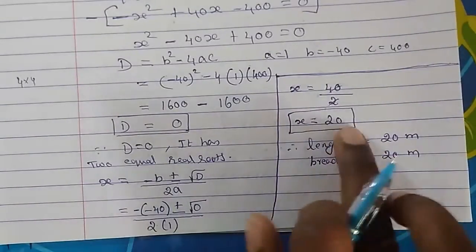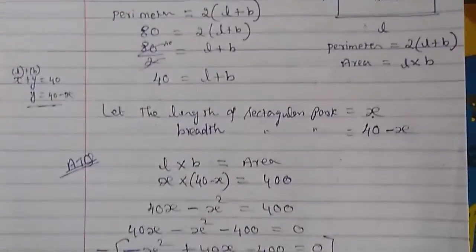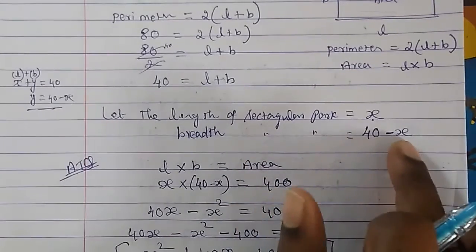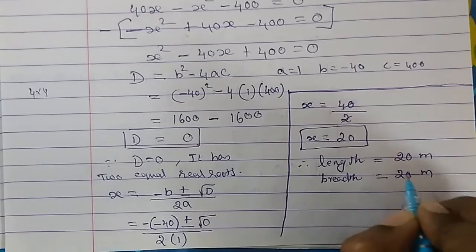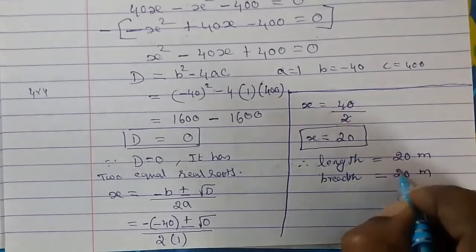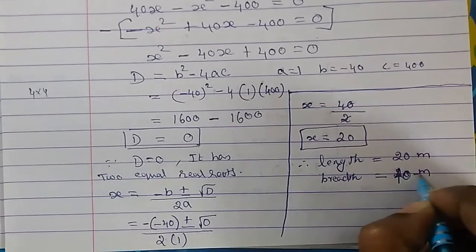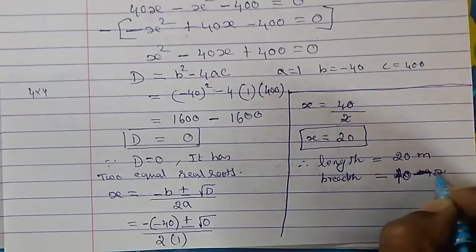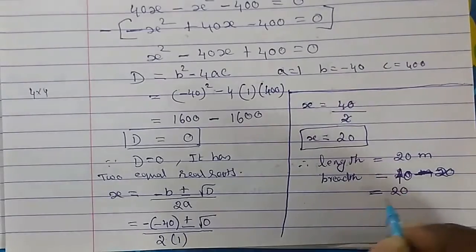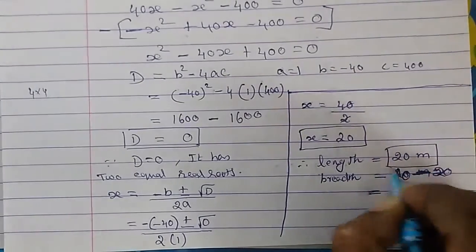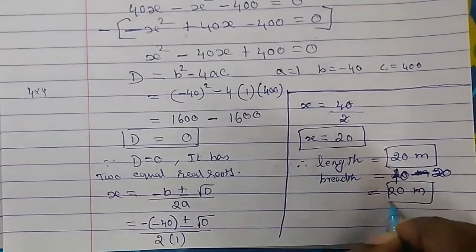So x value is 20. And then breadth of the rectangular is 40 minus x. So 40 minus x also will give us the same thing. Breadth is 40 minus 20, which will be 20 only. So that means length also same, breadth also same.